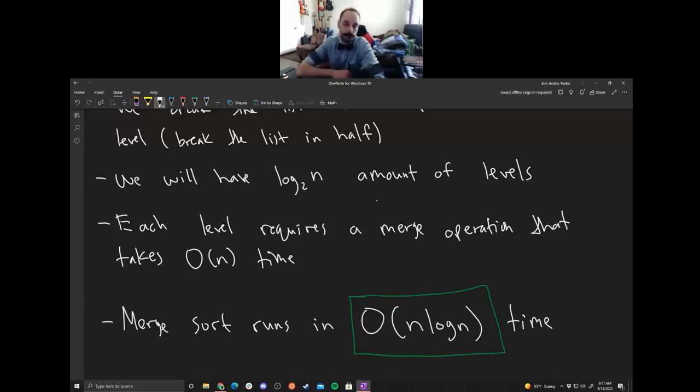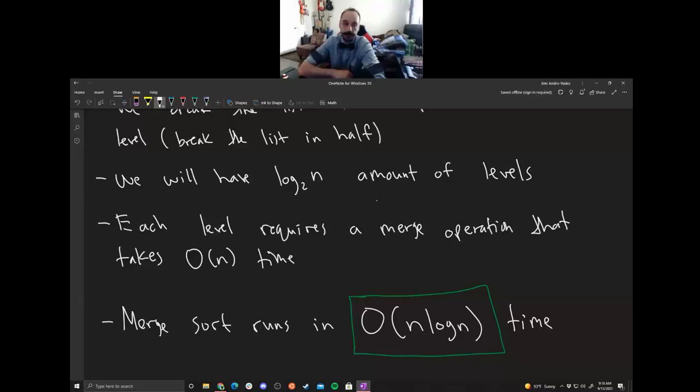So that's merge sort. Applying divide and conquer, we get a better runtime than insertion sort. For merge sort, there is no case where it could be better or worse. It'll actually be n log n in every input scenario. There's no input that can cause merge sort to get worse than n log n or even better than n log n.